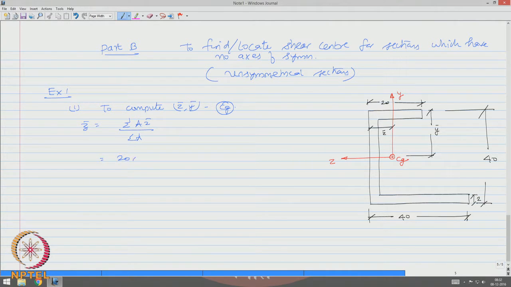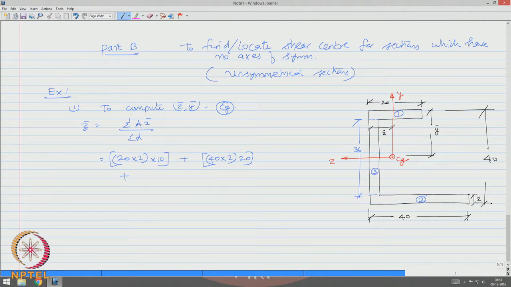Let us say 20 into 2, the area of the first part, and CG distance 10, plus 40 into 2, this is the second part, and the distance is 20, plus the remaining distance, which will be 40 minus 4, which is 36.